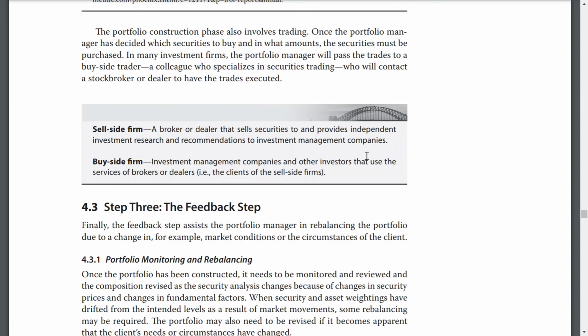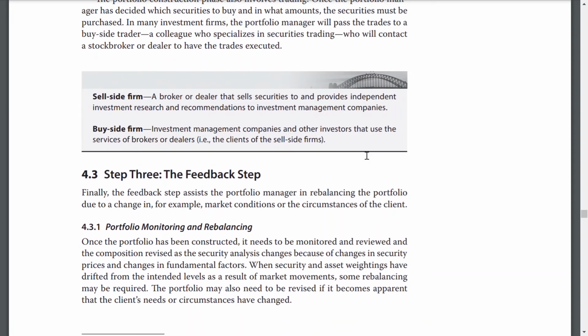A sell-side firm is a broker or dealer that sells securities and provides independent investment research recommendations to investment management companies. A buy-side firm is an investment managing company or other investor that uses the services of brokers or dealers.